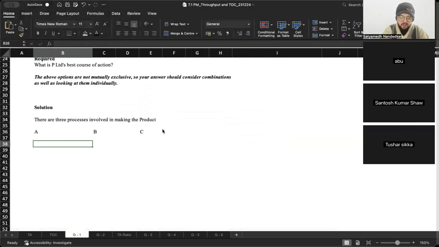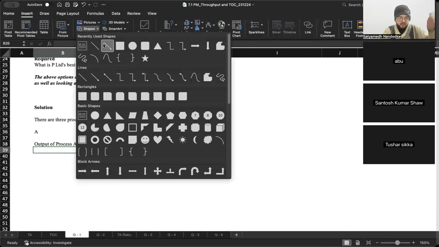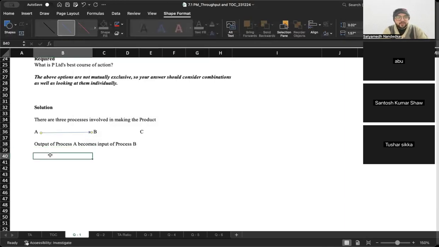That means the output of process A becomes input of process B. A makes something, and from A it goes into process B.